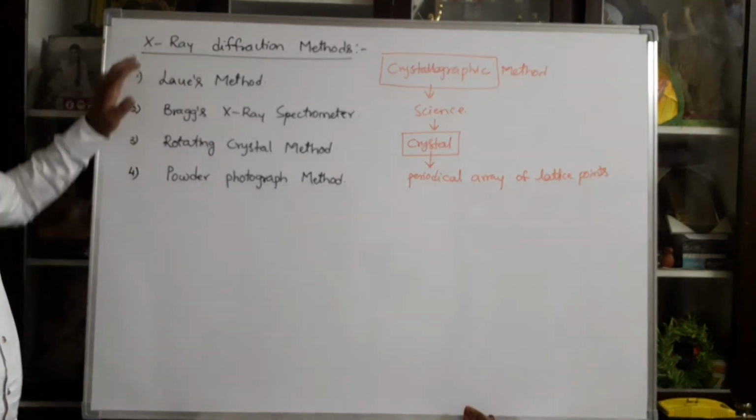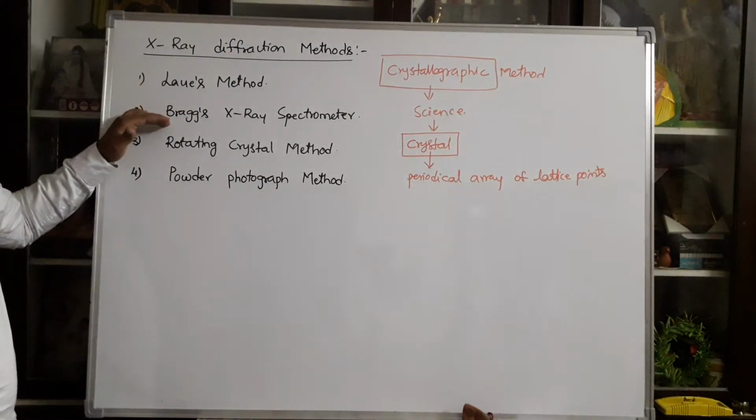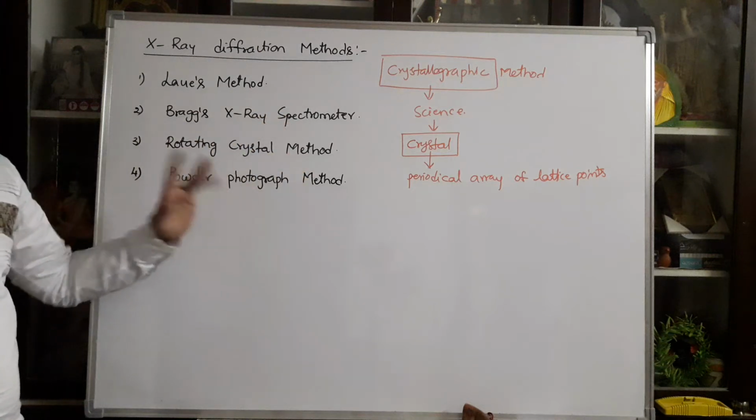Those crystallographic methods are these 4: Laue method, Bragg's X-ray spectrometer, rotating crystal method, powder photographic method.